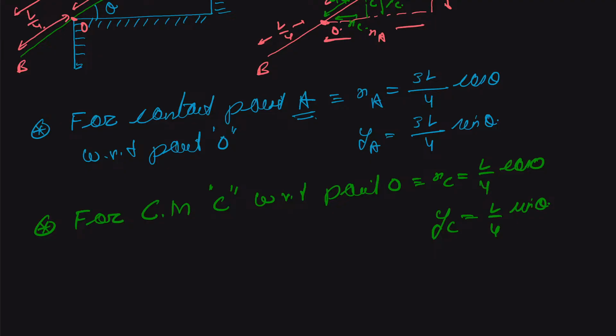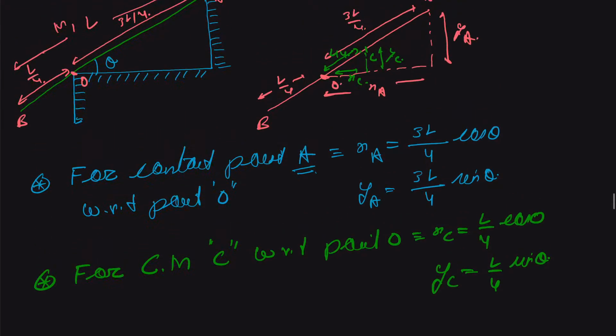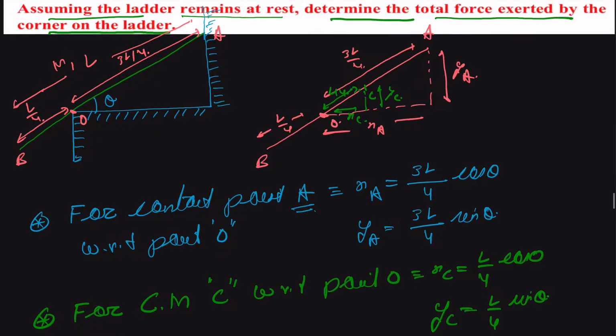And there will be a reaction, or normal, and once again we can divide this normal into two components. We can call this R of x, and this R of y.